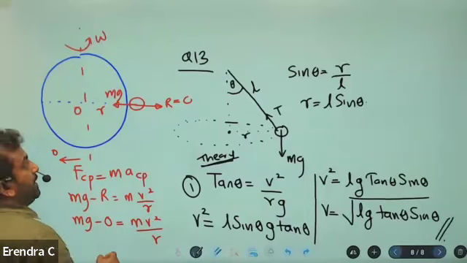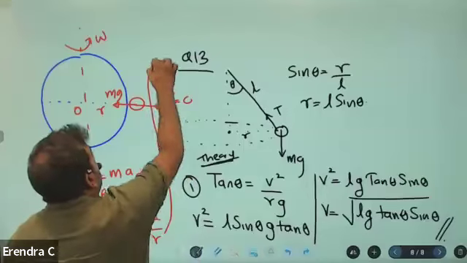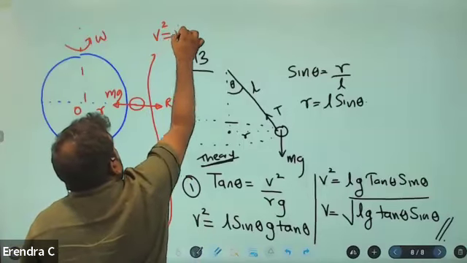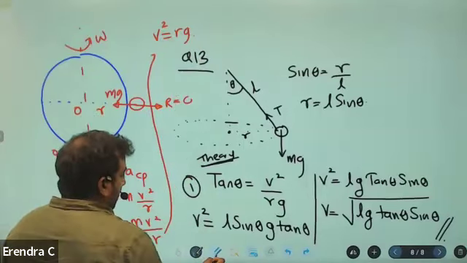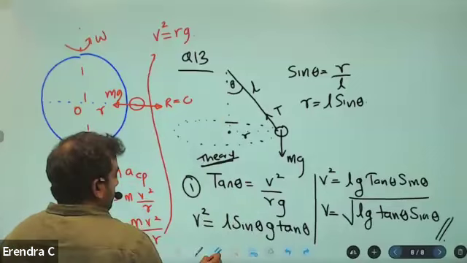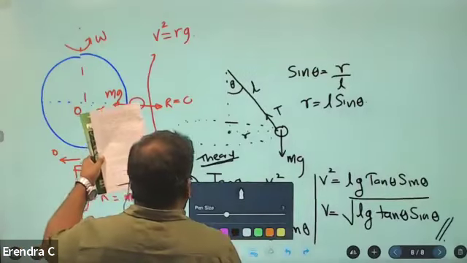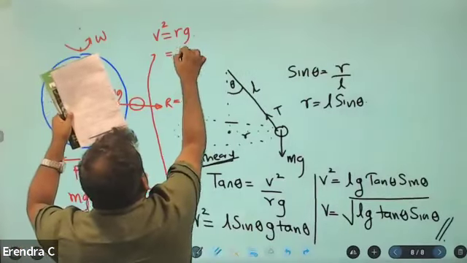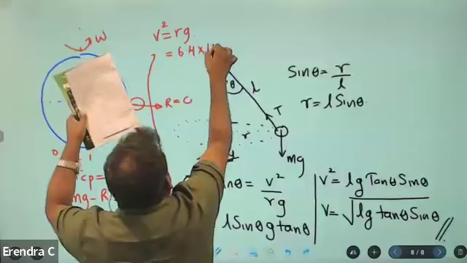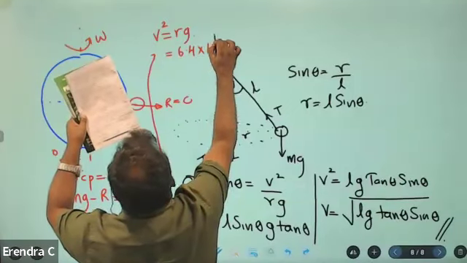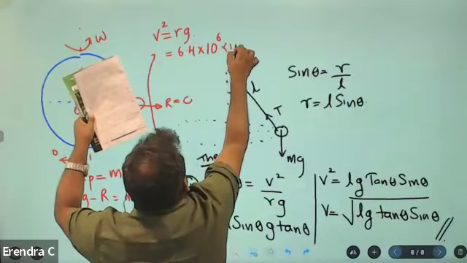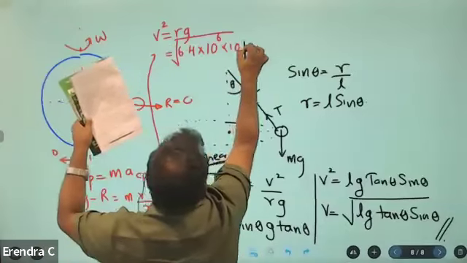Cancel off, cross multiply. V squared equals RG, where R is the radius of the earth. What's the radius of the earth? 6.4 times 10 to the power 6, into 10, square root.